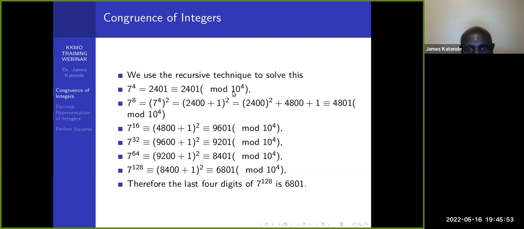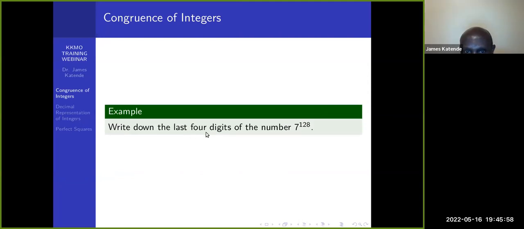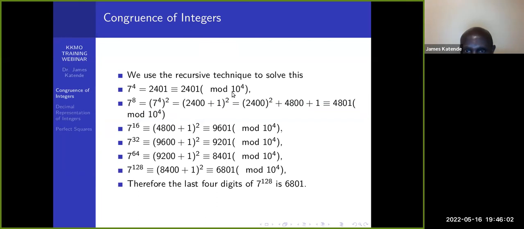And since we are considering the last 4 digits, remember the last k digits, then we have to find the remainder when divided by 10 raised to 4, right? So here the remainder is just 2,401.